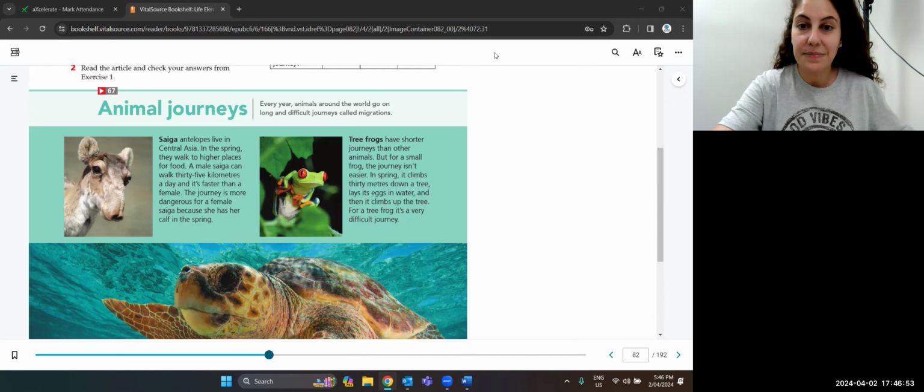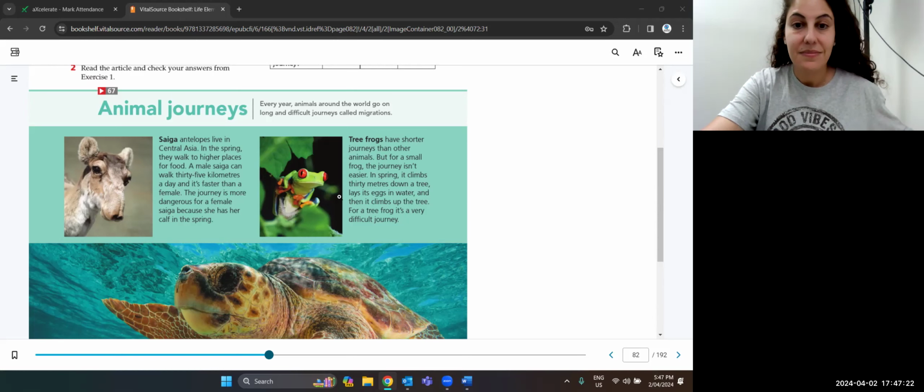Tree frogs. Tree frogs have shorter journeys than other animals. But for a small frog, the journey isn't easier. In spring, it climbs 30 meters down a tree, lays its eggs in water, and then it climbs up the tree.